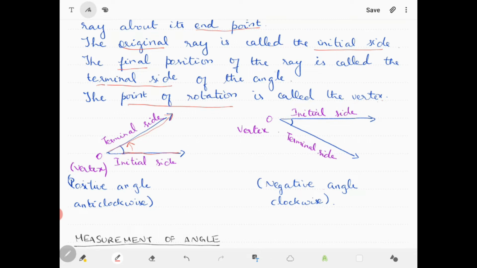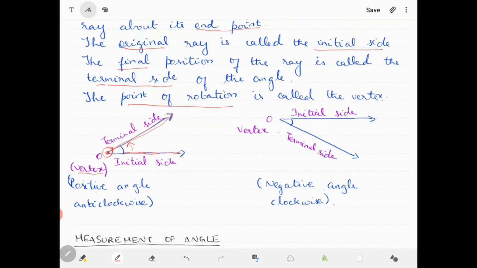So the final position of the ray is called the terminal side of the angle. So this will be the initial side, and this will be the terminal side, and the point of rotation, this point O, the angle rotates with reference to this point. So that is called the vertex.